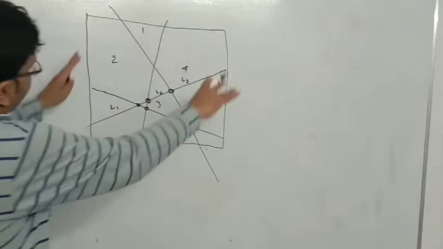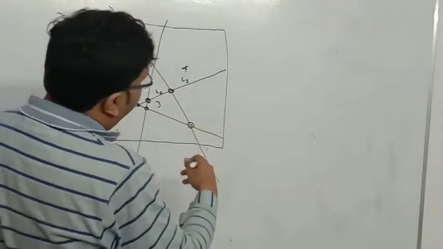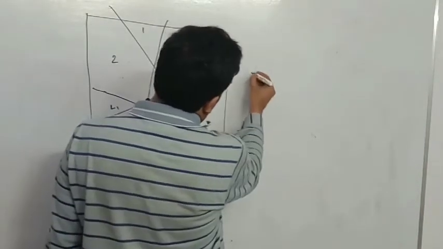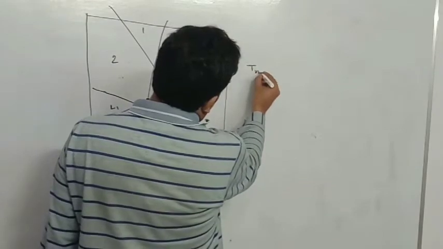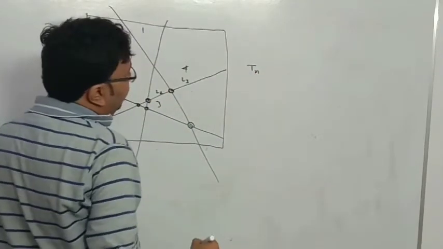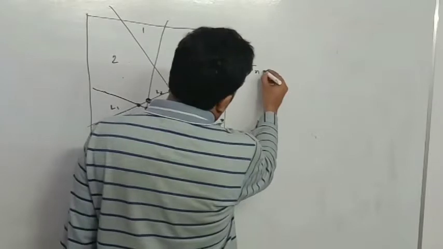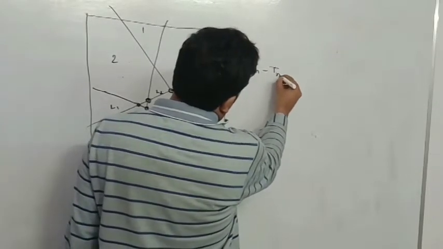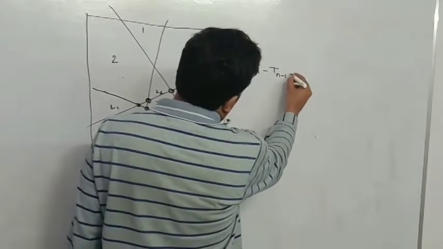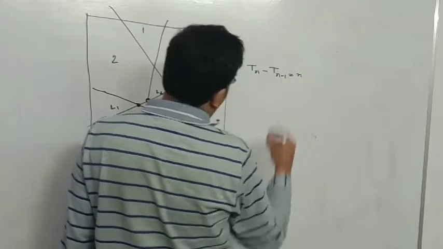Now, following this type, if you form a recursion, that is Tn is the number of zones when n lines are drawn, and Tn minus 1 is the number of zones when n minus 1 lines are drawn, then Tn minus Tn minus 1 is equal to n. Why?